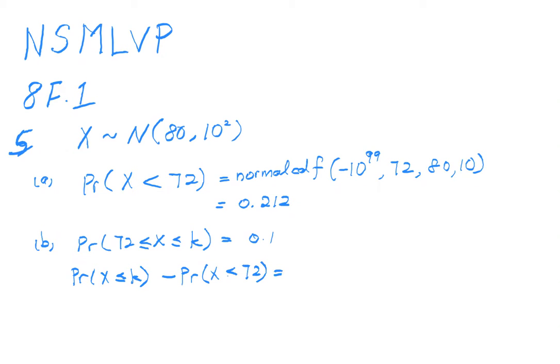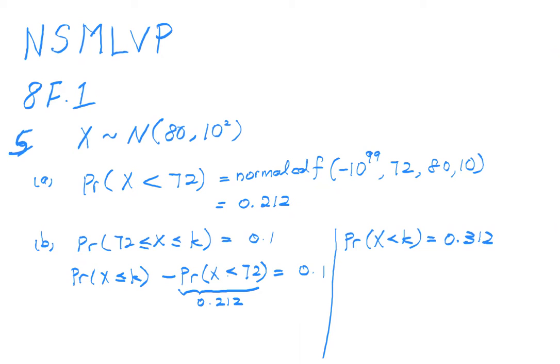Equal to 0.1. Am I right? So we know that this value is 0.212. Am I right? So I can say that the probability of X less than K is equal to 0.312. Got it? You bring over, you add.